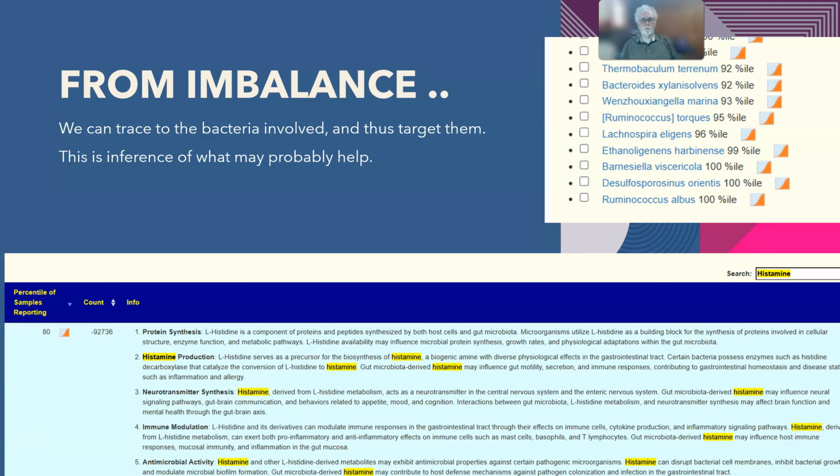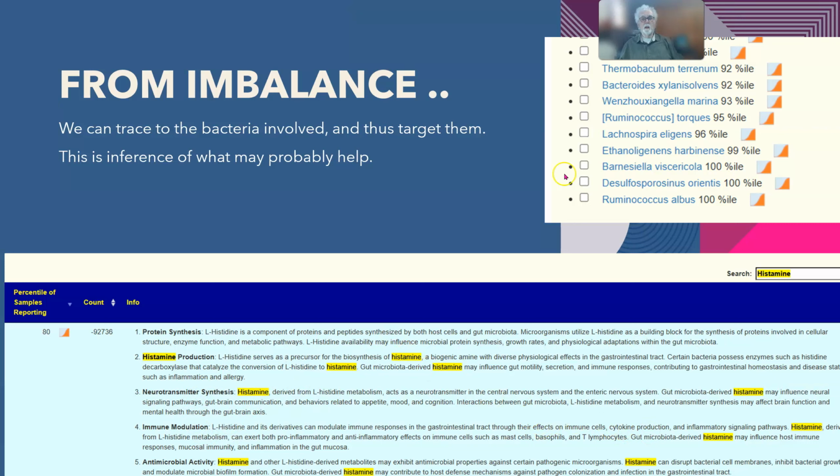Now, the same person happens to also deal with histamine, and we can go down and type in the word histamine and just get the things that are high. This person deals with too much histamine. When we see something like the 80th percentile, they have more histamine produced than most people. Now we can take a look at what the components are, and there will be several components.